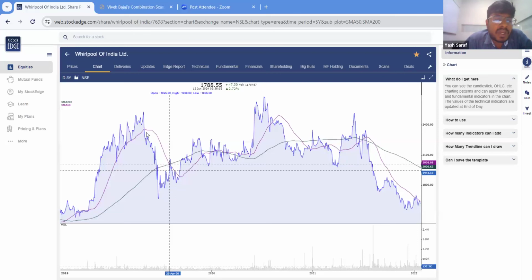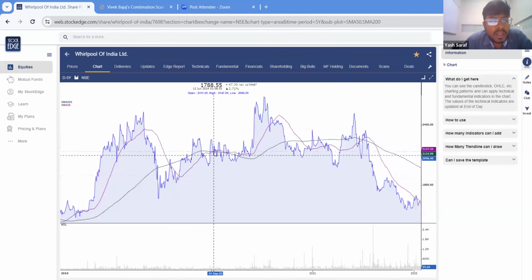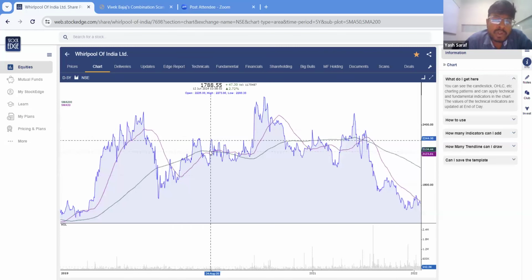But obviously people will start to exit over here because the average has started declining, right? So this is how you can trade and analyze the SMA EMA scans. Again, this stock is in a consolidating phase, and then again here a bullish crossover happened, which was not so evident, and then again it went up, and then again it came down. So this is how crossovers work.